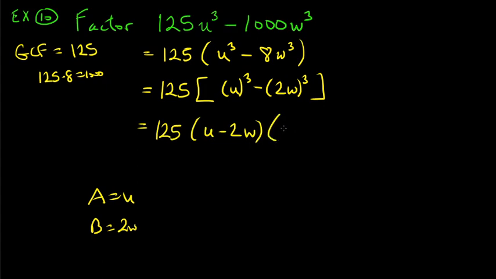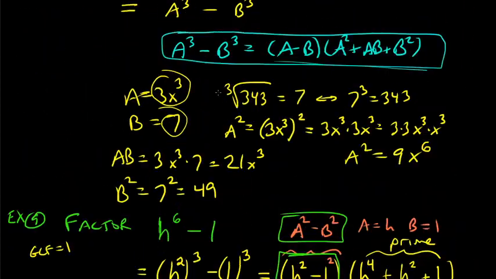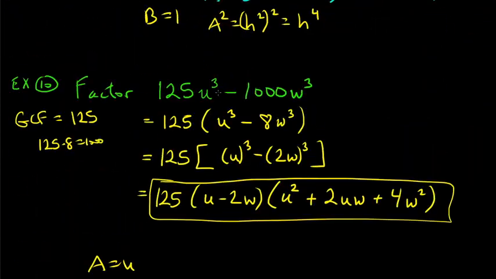Right? And then a squared, u squared, plus ab is 2uw, and then plus b squared is 4w squared. And we're good.